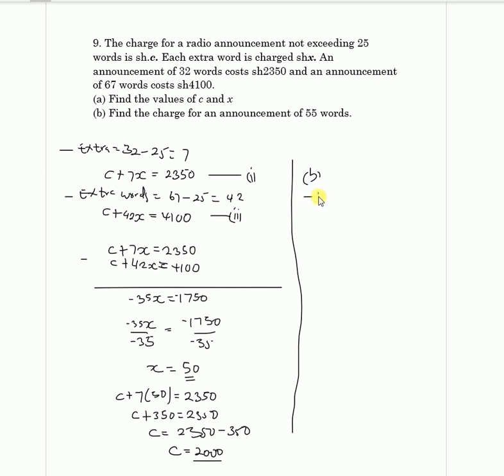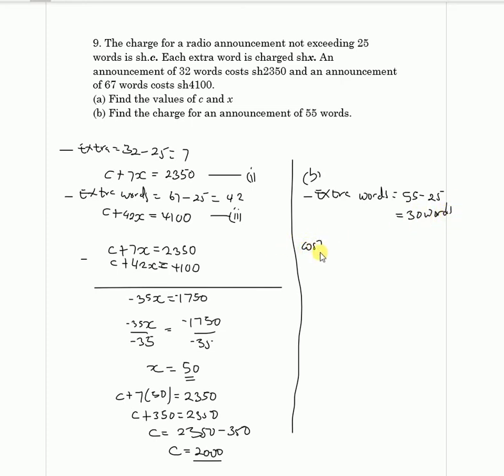In this case, extra words is equal to 55 minus 25. This is equal to 30. You have 30 extra words.